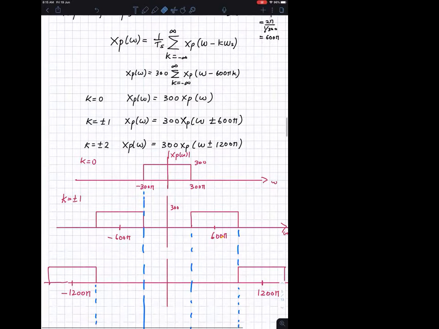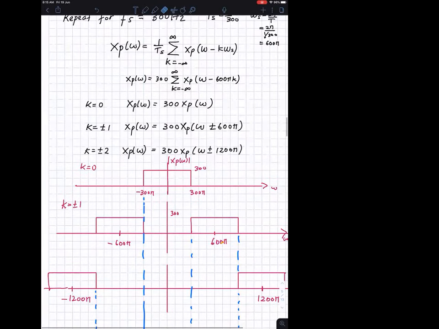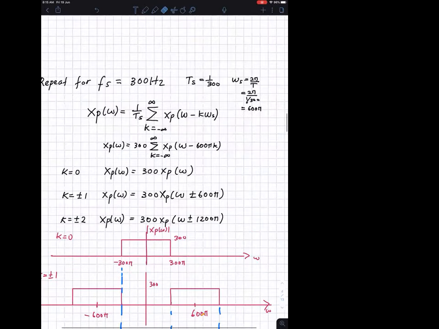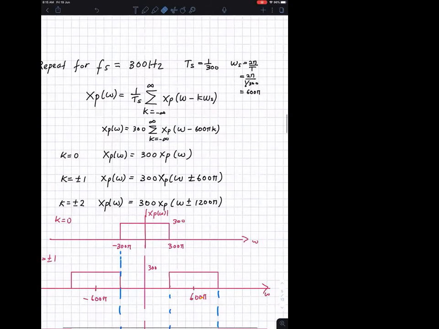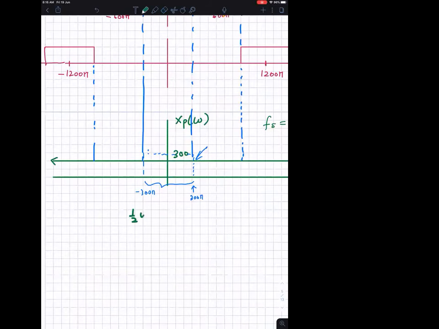I'm going to be filtering with a cutoff frequency of 1/2 omega s, same thing as before. So in this case, 1/2 of 600 pi is 300 pi, the cutoff frequency.